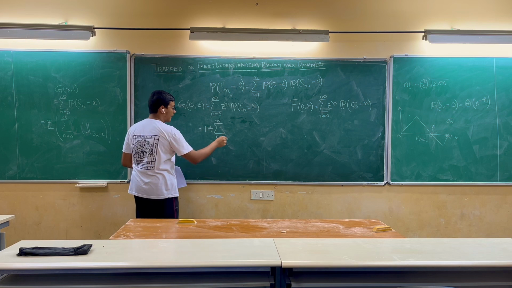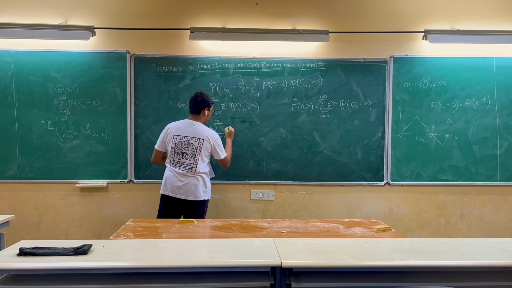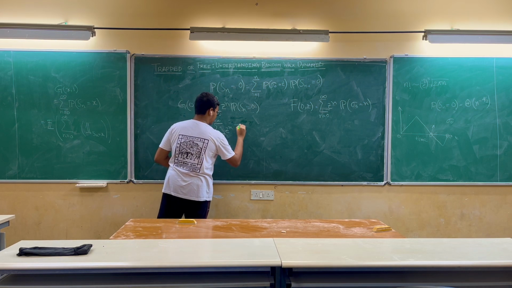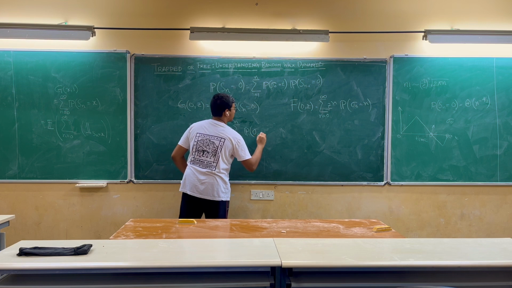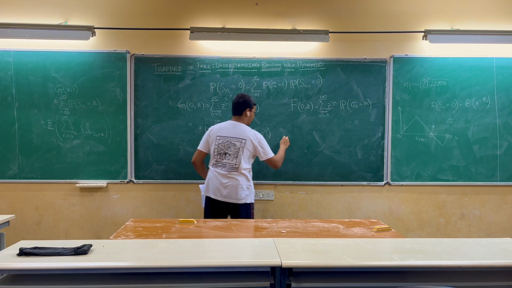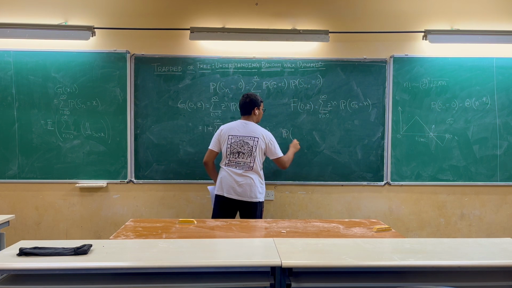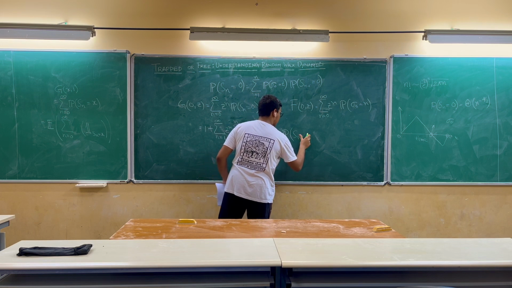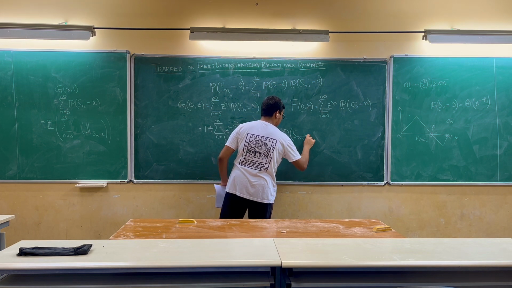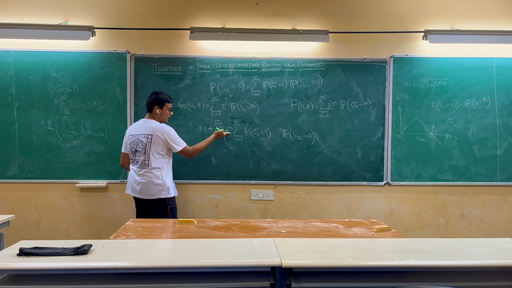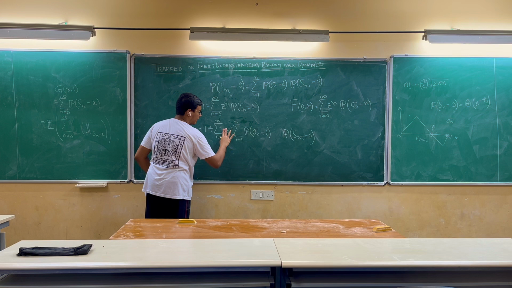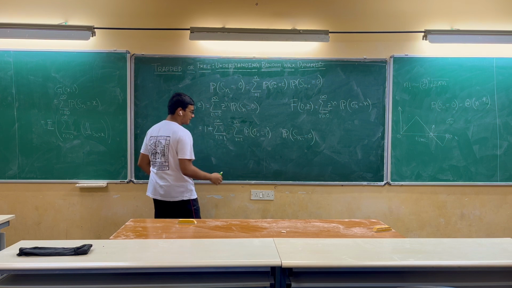So we have 1 plus the sum from n equal to 1 to infinity of z to the power n, the sum with i running from 1 to n of probability of sigma equal to i, times probability of this is minus i equal to 0.